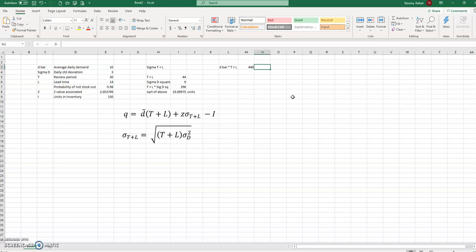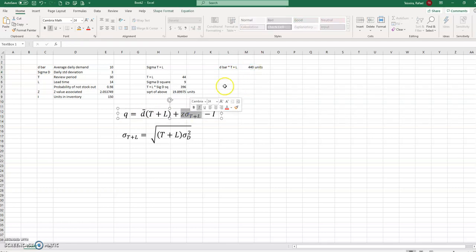That's the average demand during the lead time. Again, this multiplication is the average daily demand during the lead time. This here is the variability during the lead time. So I have this right here.